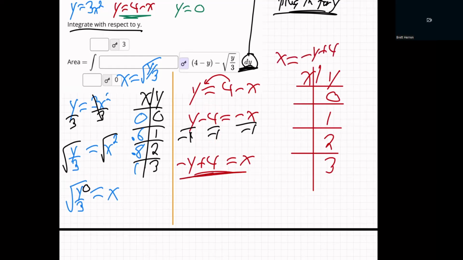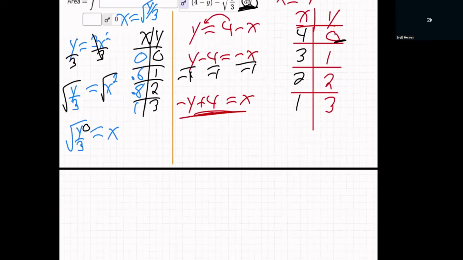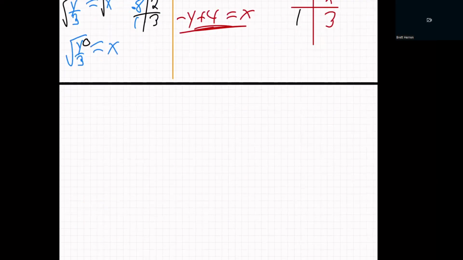If I put in a 0, x is just 4. Put in a 1, minus 1 plus 4 is 3. Put in a 2, minus 2 plus 4 is 2. Put in a 3, minus 3 plus 4 is 1. That was easy. So there we have some values. Now we can begin to graph this thing.